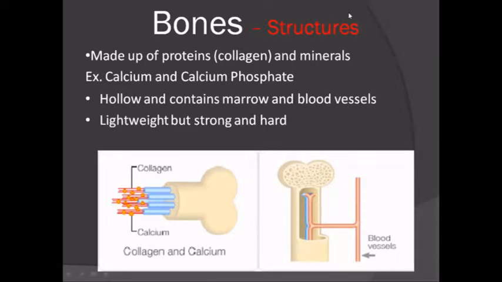That's right, we have 206 bones, each with unique characteristics and functions. Despite their number, bones are lightweight, giving you the ability to easily carry them around. Lightweight, but strong and hard.